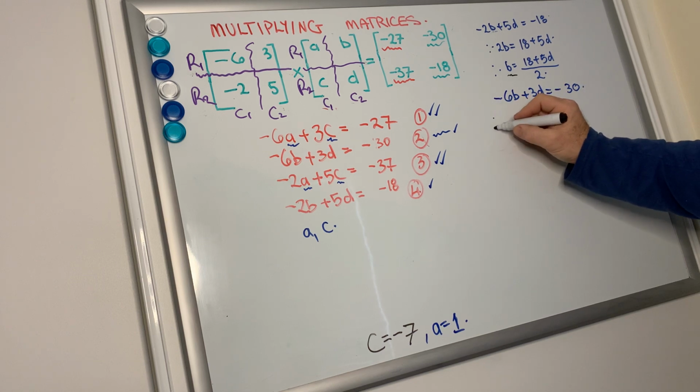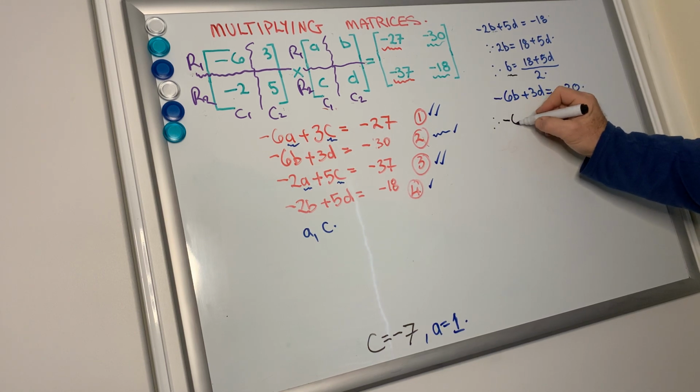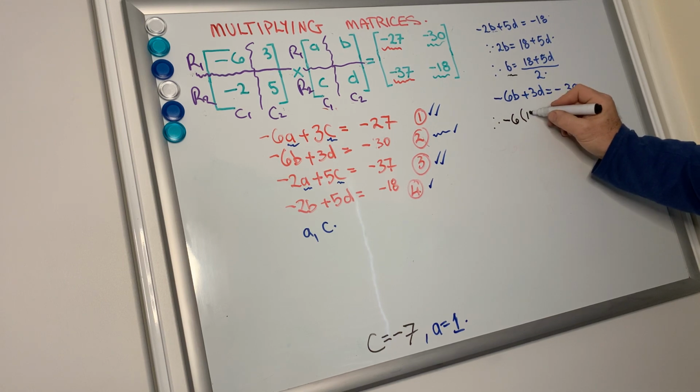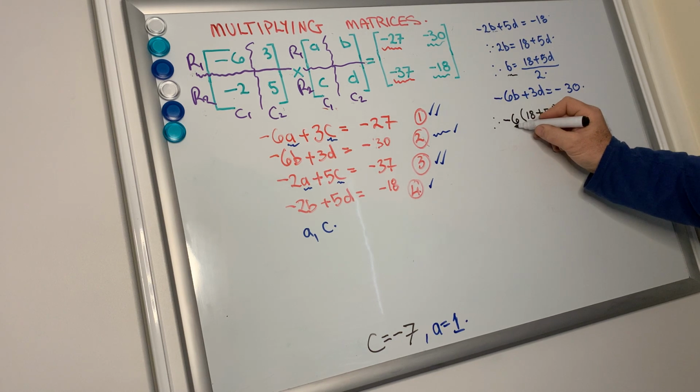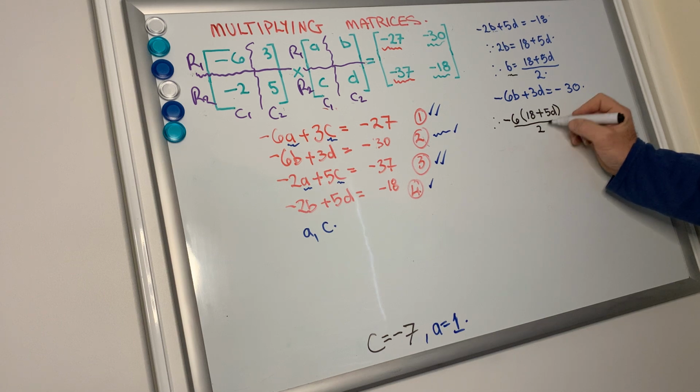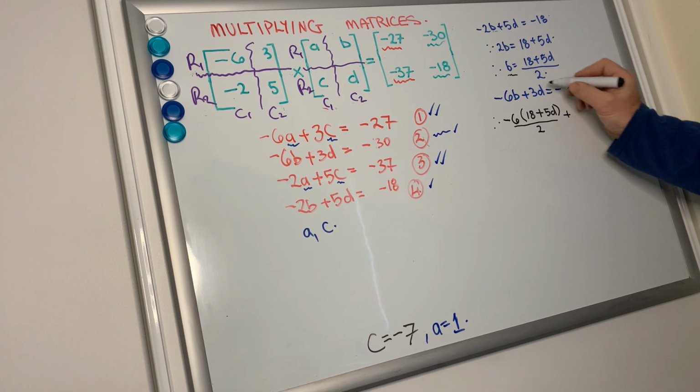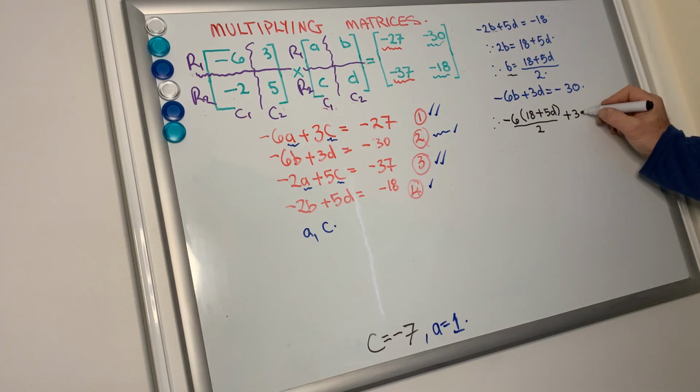So therefore, minus 6 times (18 plus 5d) divided by 2, plus 3d, is equal to minus 30.